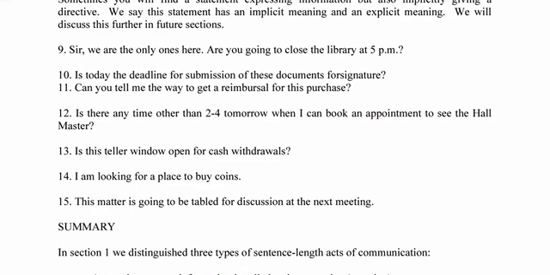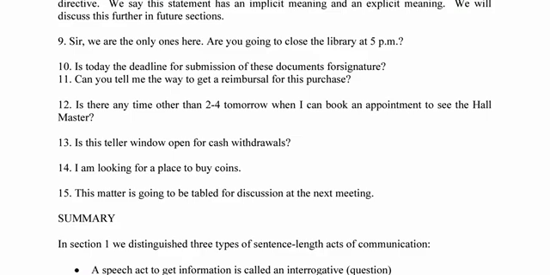10. Is today the deadline for submission of these documents for signature? This is a genuine question. It's an interrogative straight away. 11. Can you tell me the way to get a reimbursement for this purchase? This is also explicitly an interrogative or overtly a question, but implicitly or covertly, it's an imperative. I want the person to direct me.